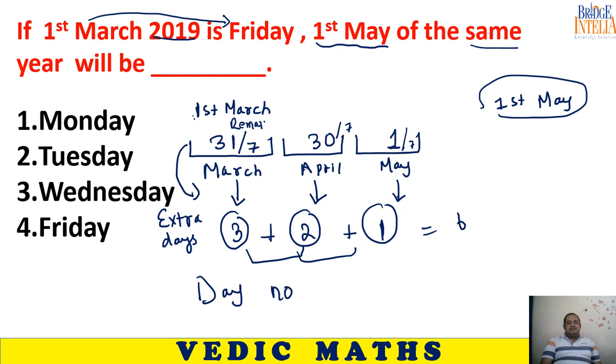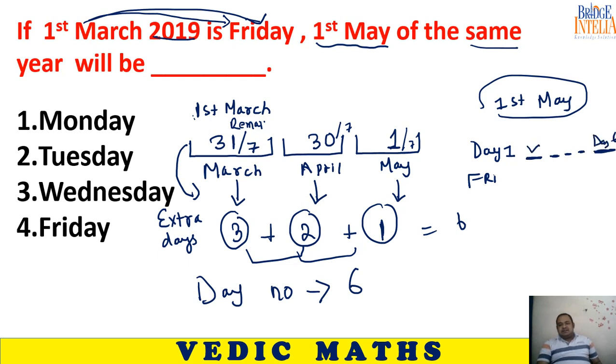Day number 1 is given as Friday. So if day number 1 is Friday, then count day number 6. This is day number 2, day number 3, day number 4, day number 5, and this is day number 6. So let us count: Friday, Saturday, Sunday, Monday, Tuesday, Wednesday.